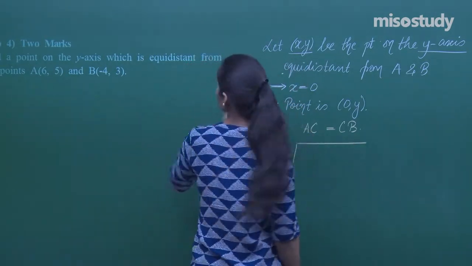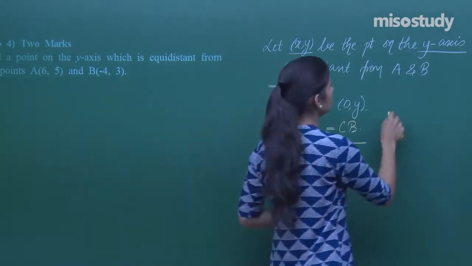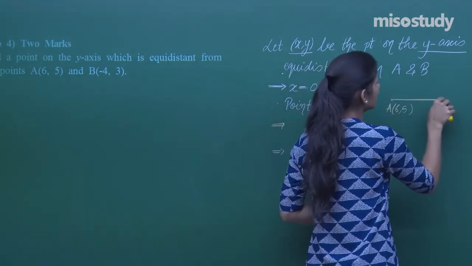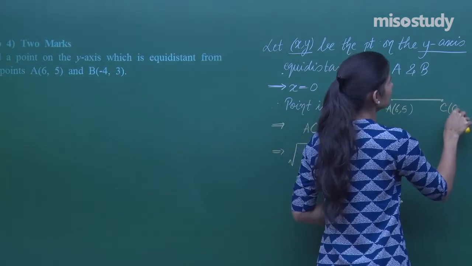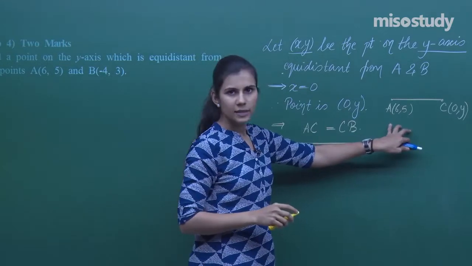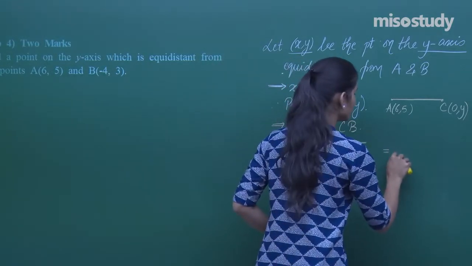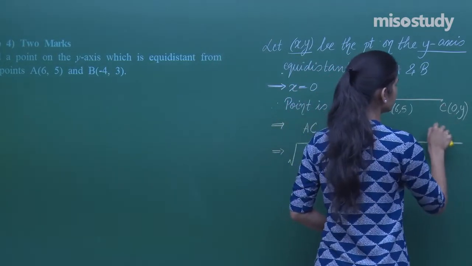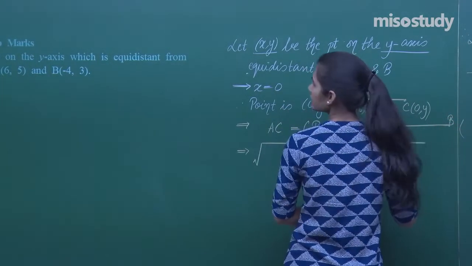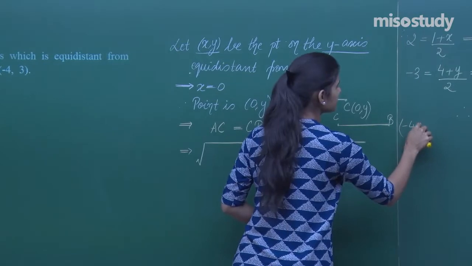A you know is 6, 5, and then C is there, which is 0, y. Fine. So what do you get? This distance is equal to the distance of C and B. And B is minus 4, 3.